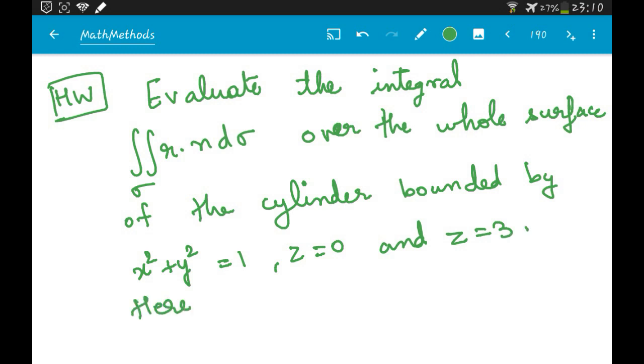So here r is nothing but r is ix plus jy plus zk.